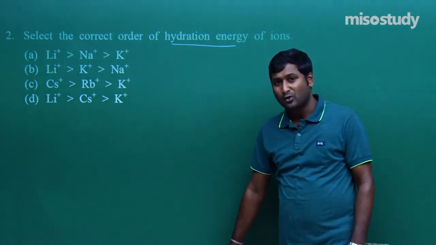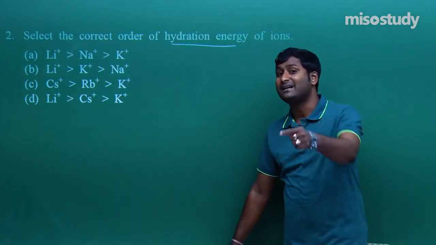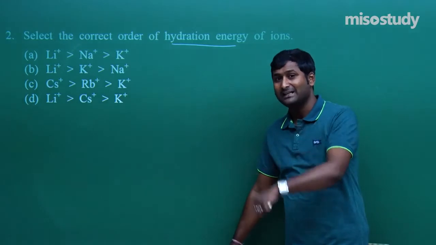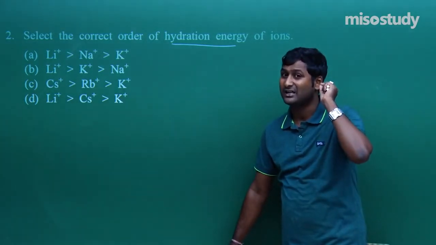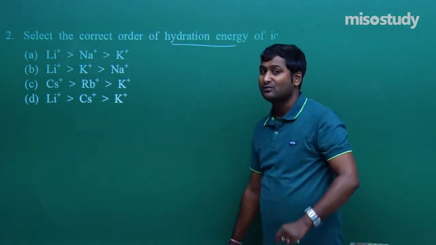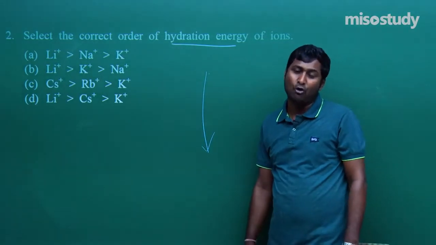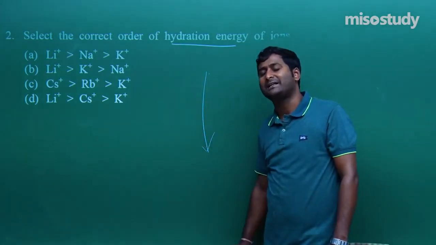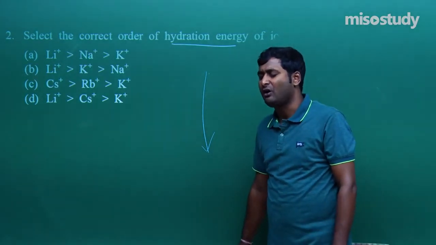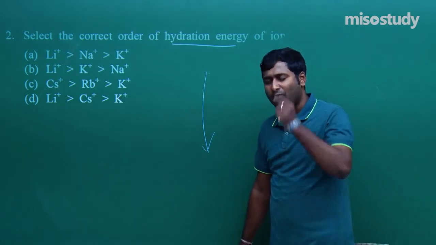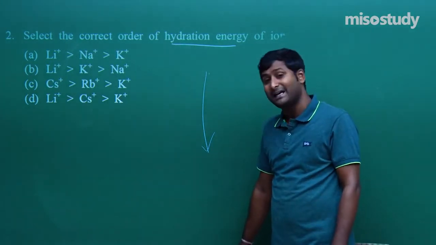As we know, the smaller the size of the cation, the higher is the degree of hydration, that is, the higher is the hydration energy. Remember this. As we move down the group, the size of the cation decreases. Tell me, am I right or wrong? Sir, you are wrong. When we move down the group, the size of the cation increases.